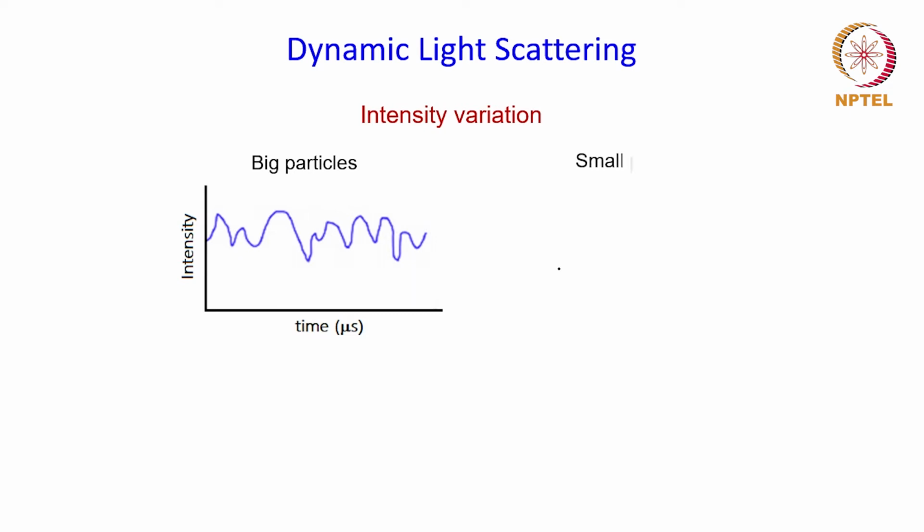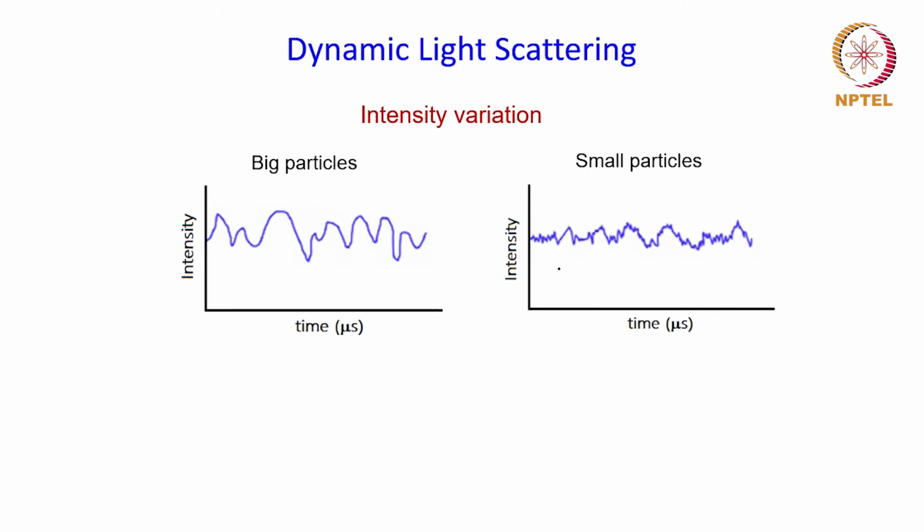And on the other hand, for smaller particles, this intensity fluctuation is quicker, or the frequency of this fluctuation is higher in case of smaller particles. So that is how you can see how this intensity fluctuation is related to the particle size and how the smaller particles can be distinguished from the bigger ones. Okay.